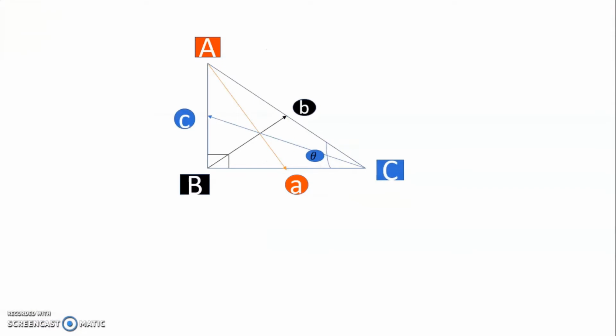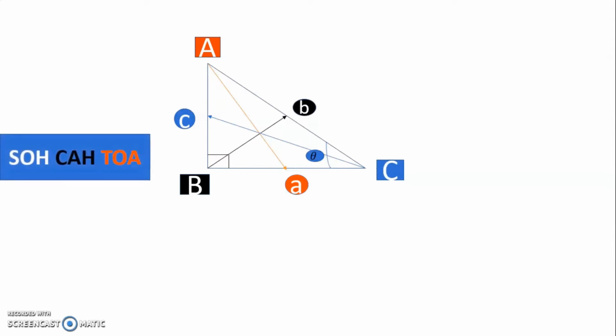So to find our angles, we can use the acronym SECANT, like we discussed in the last series.